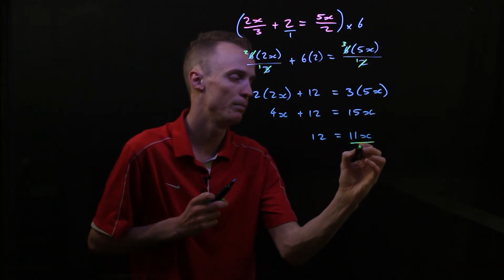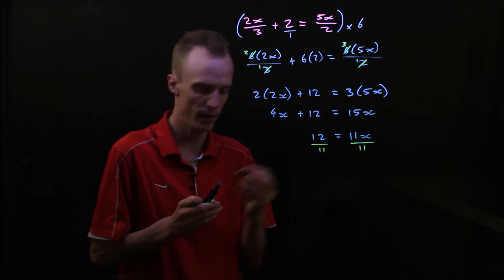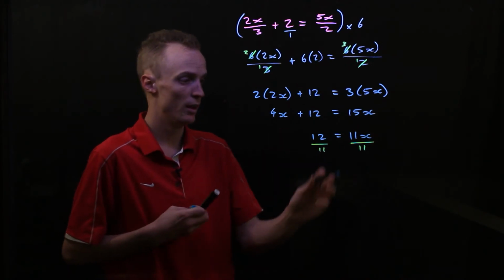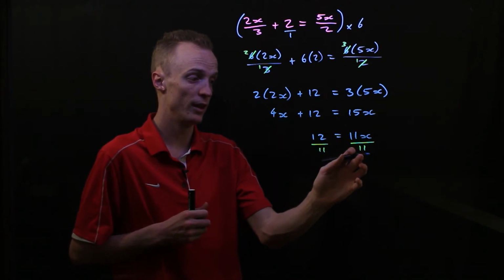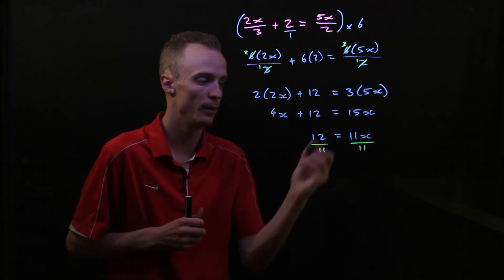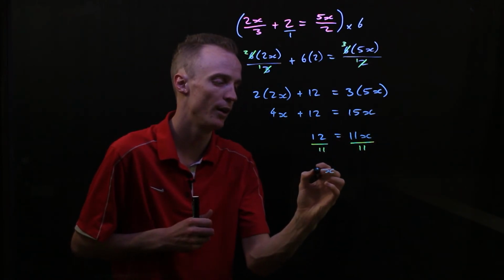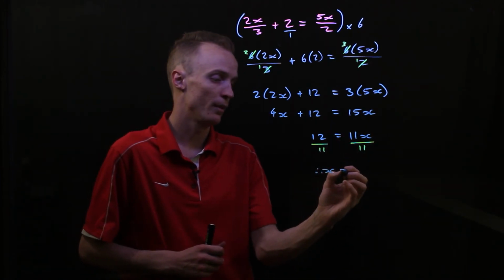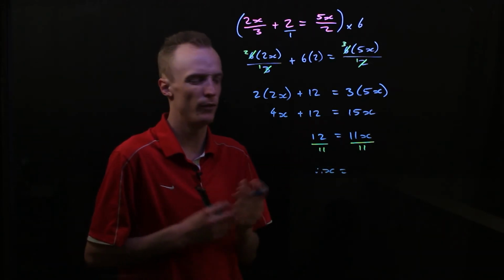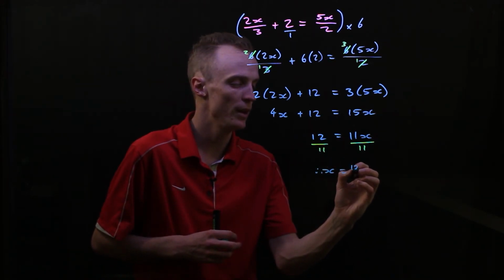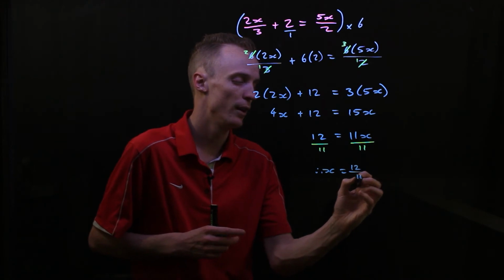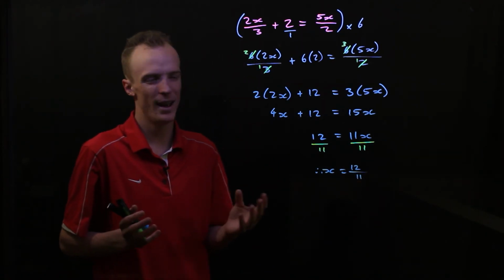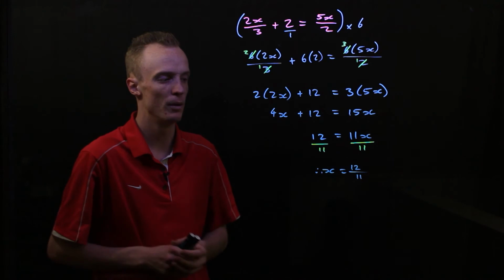The 11x over 11 cancels and leaves just x. This doesn't simplify any further, so x is equal to 12 over 11, which is 1 and 1/11, but I'm going to leave it as an improper fraction.